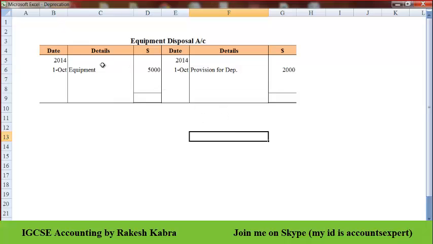So see, now in equipment disposal we have the cost of the half equipment, and we have the related depreciation of the half equipment. So what is the actual value of the half equipment now? 5,000 is the actual value of the half equipment.